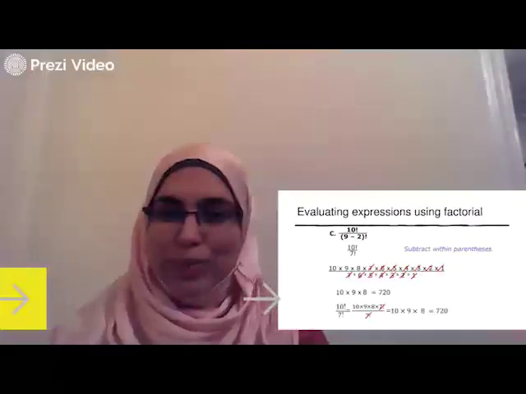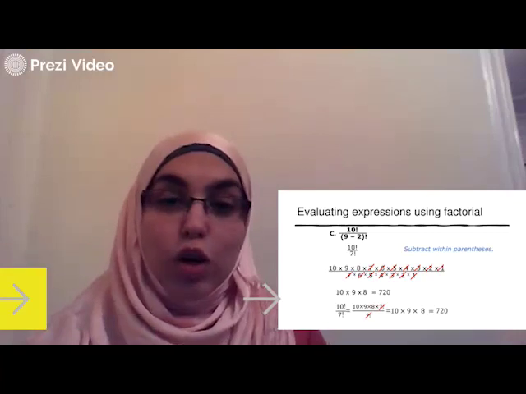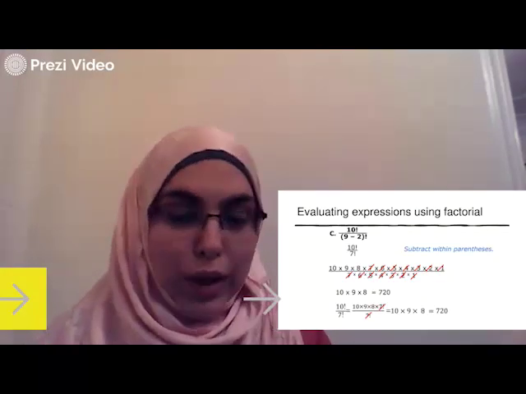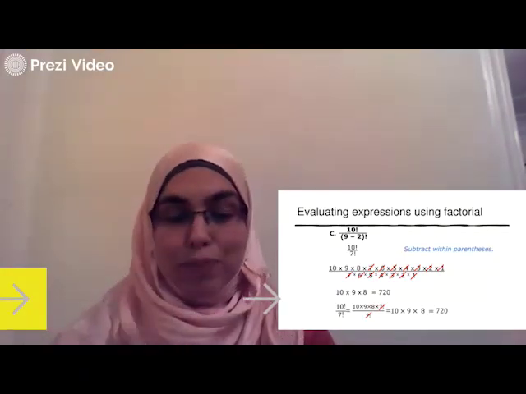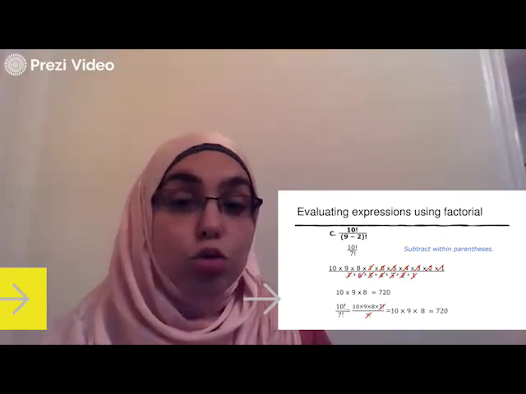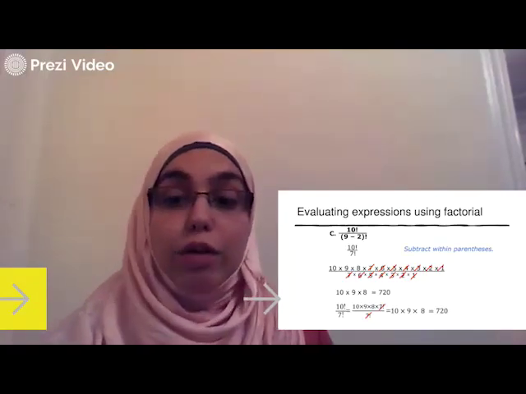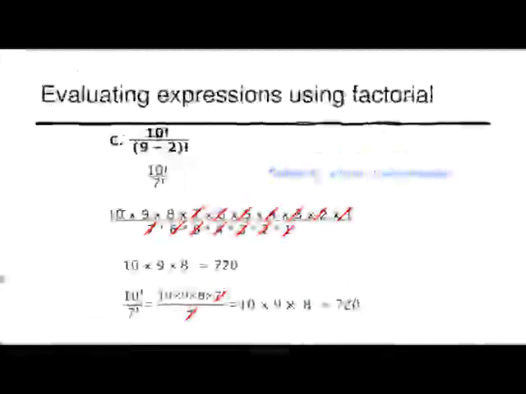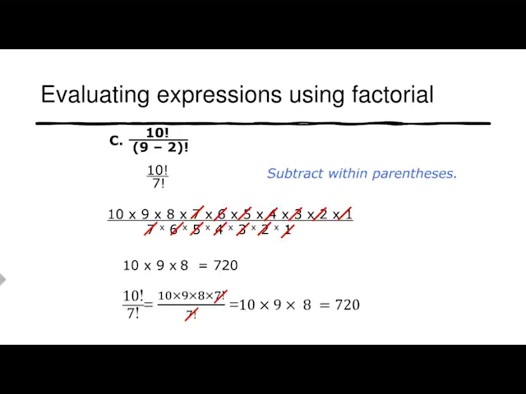Another example. If I have 10 factorial over 9 minus 2, all of it factorial. Step number 1, subtract. 9 minus 2 factorial is equal to 7 factorial. So I will first say, what is 10 factorial? It is the product from 1 to 10. What is 7 factorial? It is the product from 1 to 7.